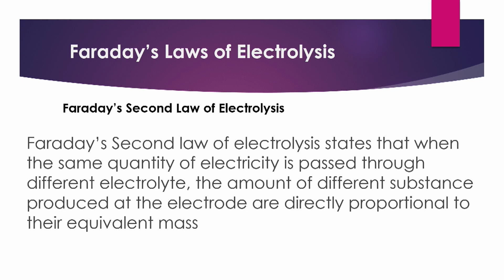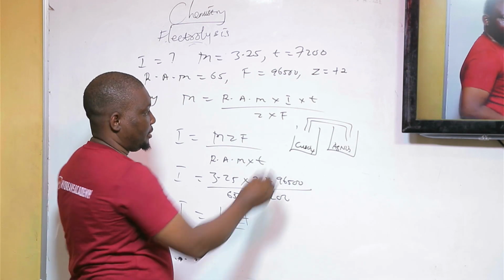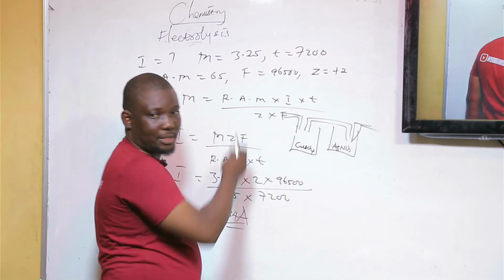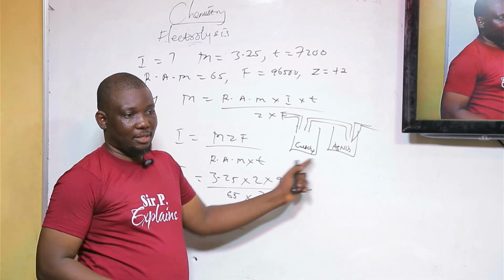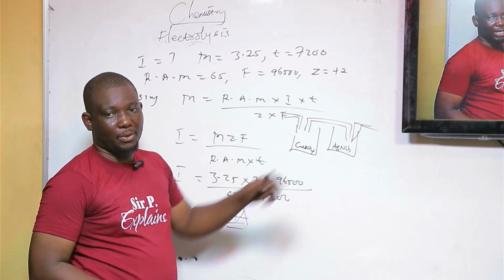Let's say we have two electrolytes. One is copper salt, the other one is silver salt, and they are connected in series like this. This is a serial connection. This is where you are likely to employ the second law.